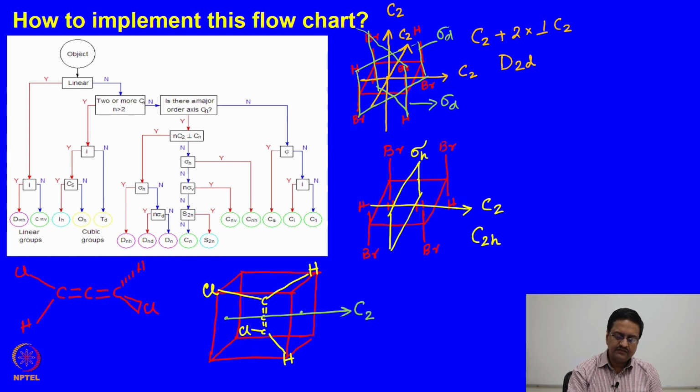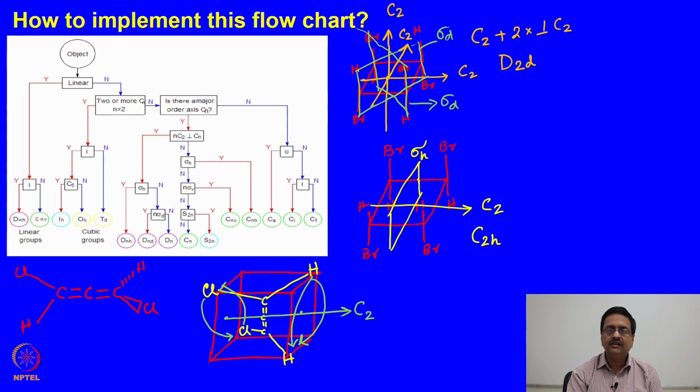You see here, because of this C2, those two chlorines interchange their place, these two hydrogens interchange their place. That particular symmetry of the two corners is not there in any other pair of corners. So, there is no other C2 present here.